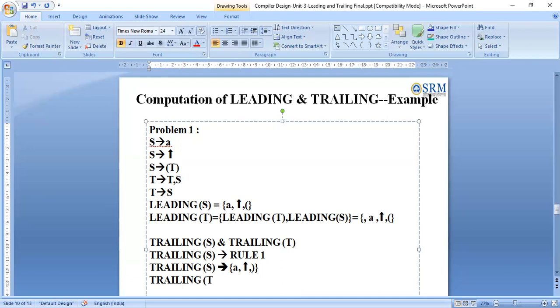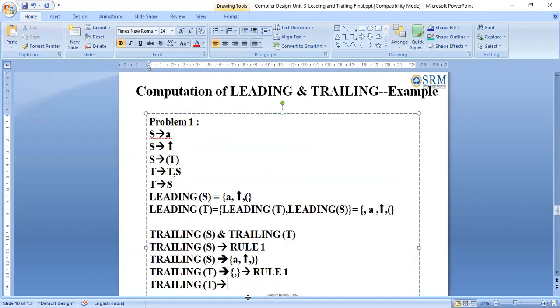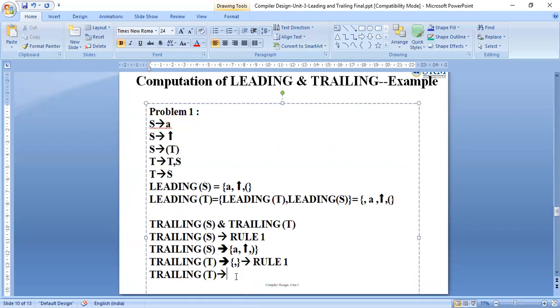Trailing of t. When you find trailing of t, apply rule 1 again. From the last, what is the terminal symbol? Comma. This is as per rule 1. Now I have to find trailing of t as per rule 2.